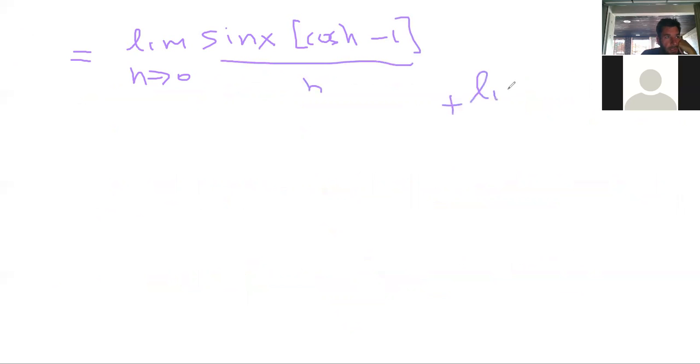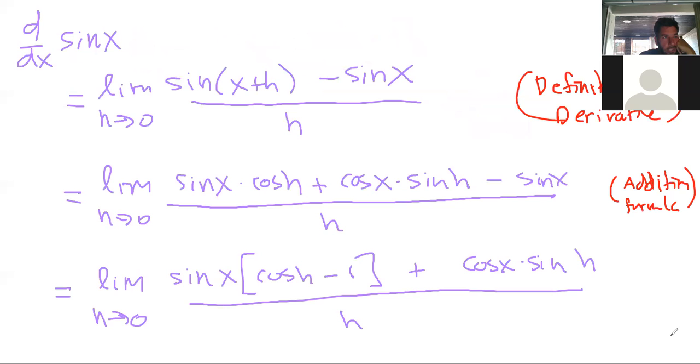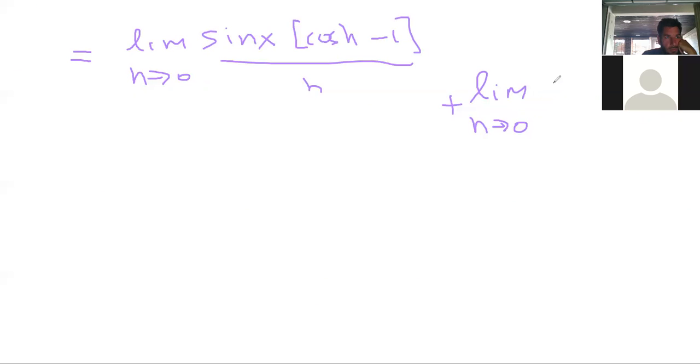And then the second piece is, if you look back, cos x sine of h over h. Now, all I did there was use one of my limit laws, which says I can take the limit of multiple pieces and break it into each piece.